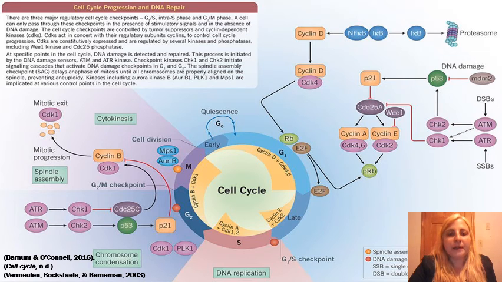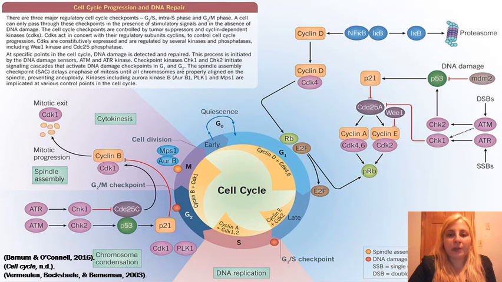This in turn inhibits the cyclin B CDK1 complex that CDC25C typically phosphorylates for activation. This is another DNA damage checkpoint represented by the red circle on the left side of the cell cycle in the G2 phase.